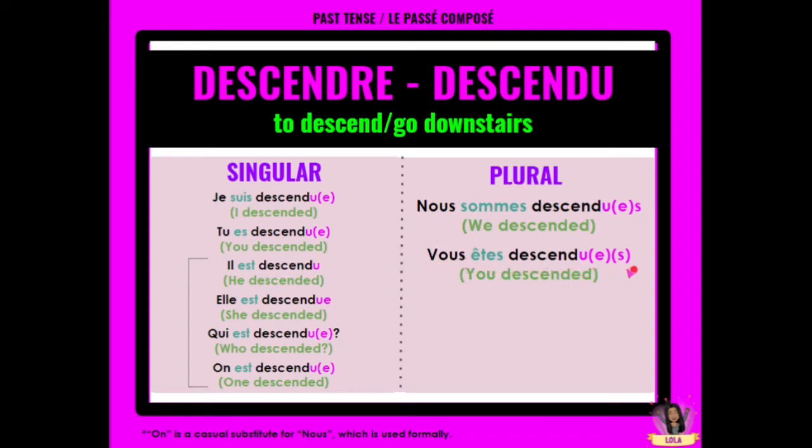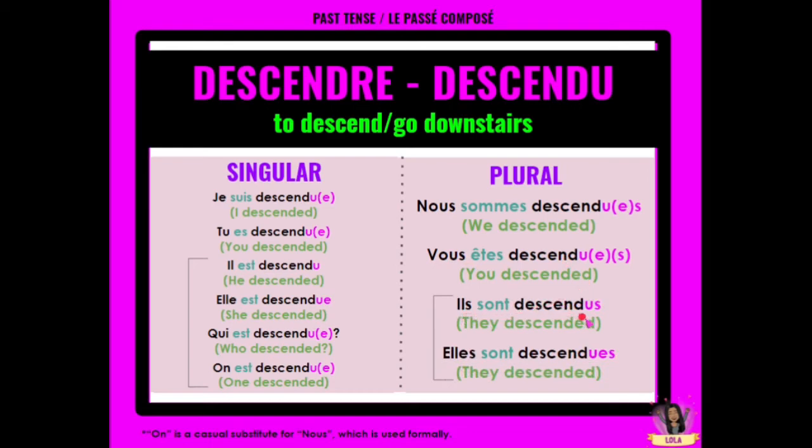Usually it means a bunch of people, but if you're speaking to somebody out of respect, then you would use vous. For example, if you're speaking to your teacher, you would say, vous êtes descendu la montagne. And you would definitely make that singular if it was one person you were talking to. Ils sont descendus, they descended. And elles sont descendues, they descended. They mean the same thing, except we know that this is just all males or males and females, and this would be strictly only females.